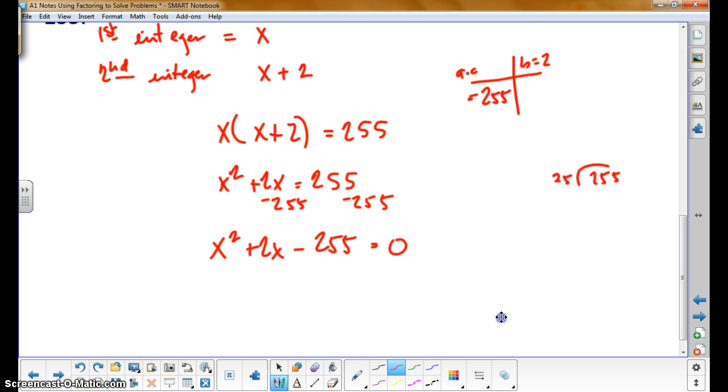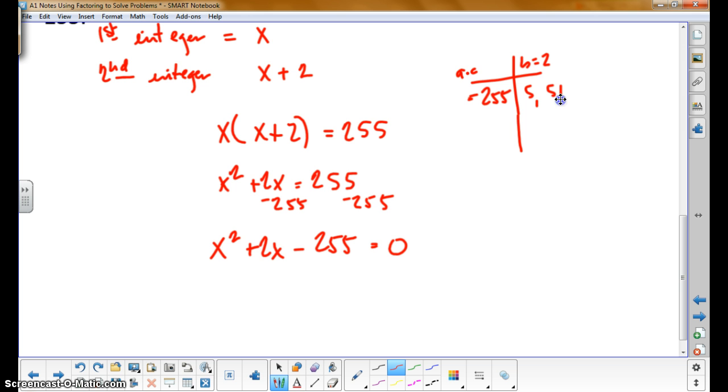Matter of fact, I do not. So that is not going to be a possibility. If we do a 5, then we get a 51, and I'm not feeling the love there.